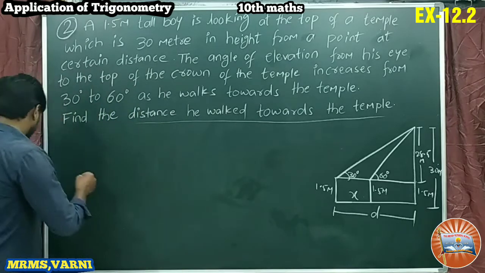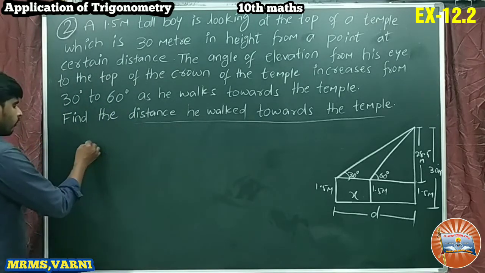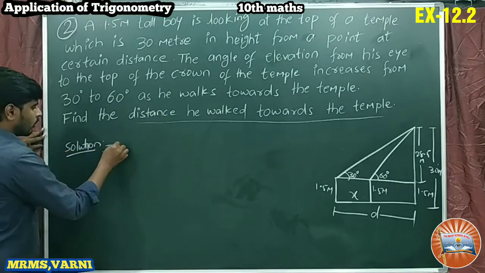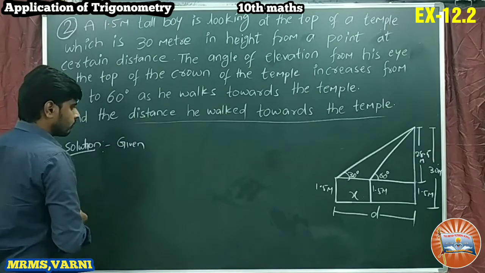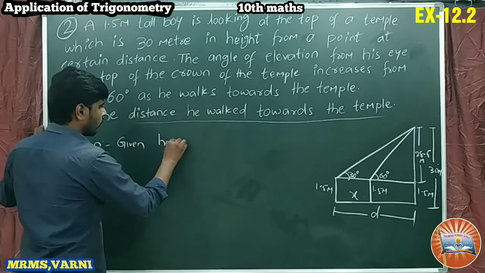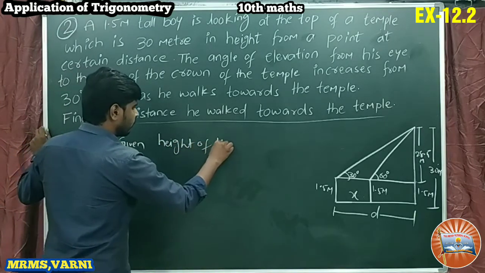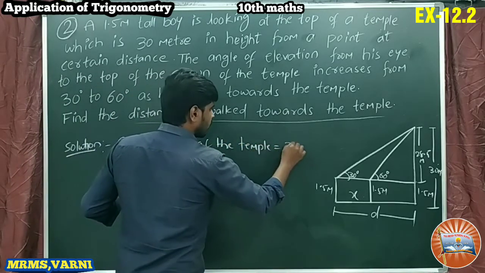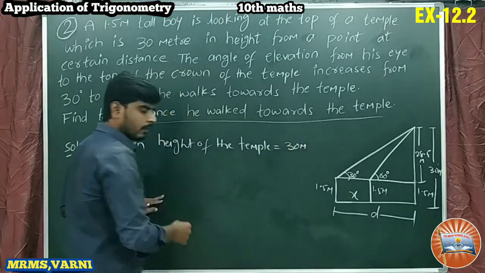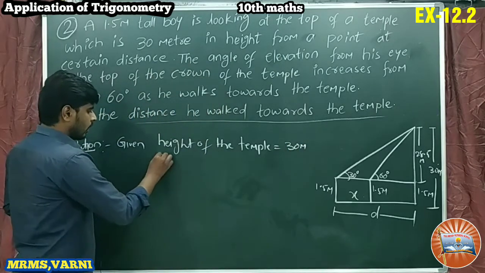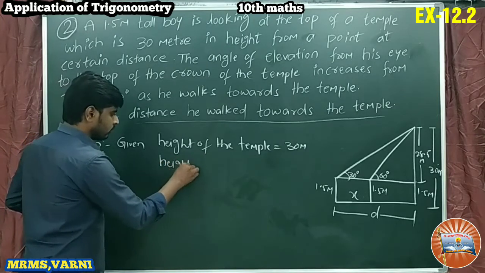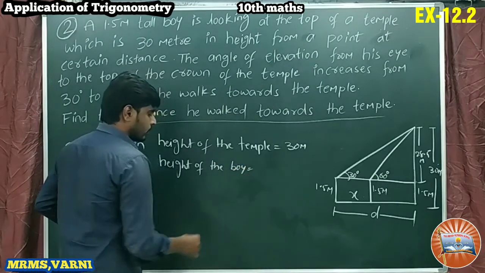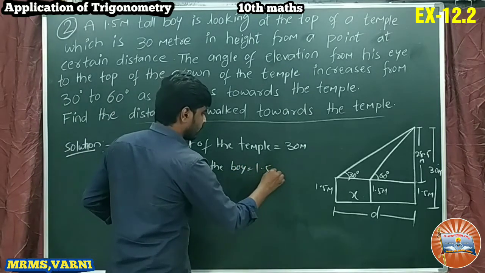Let's write what is given. Height of the temple is 30 meters, and height of the boy is 1.5 meters.